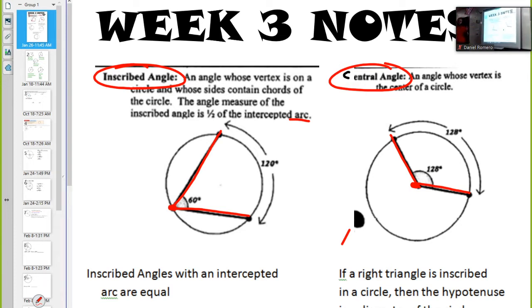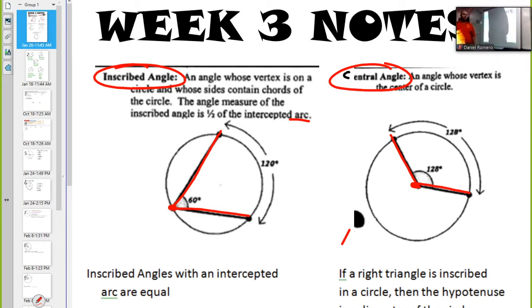And there's going to be two types of problems. One is this week, and one I believe is next week. You've got to be careful with these words. We're going to talk about arc measure, and we're going to talk about arc length. I'll say it again. Arc measure and arc length.